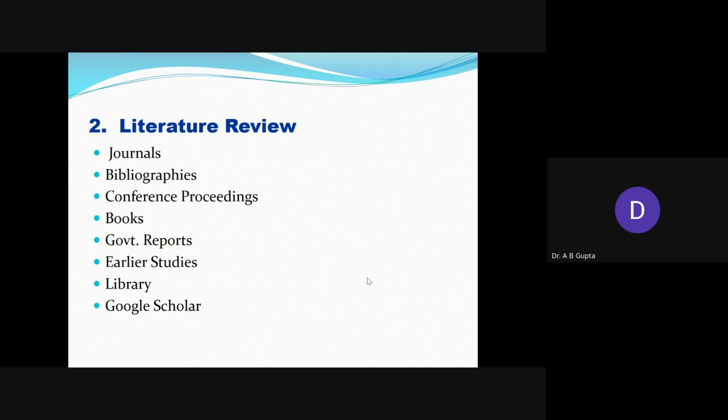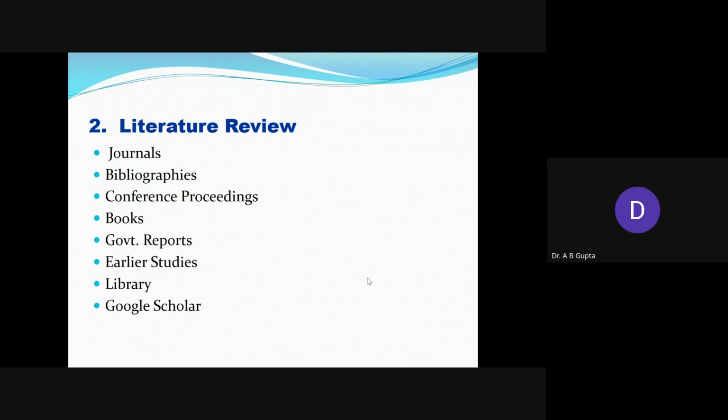You can go to the library, refer to various magazines and other information, and then of course go to the internet, Google Scholar, and so many other things I will be sharing with you. So here I'm just restricting it in a broad manner.